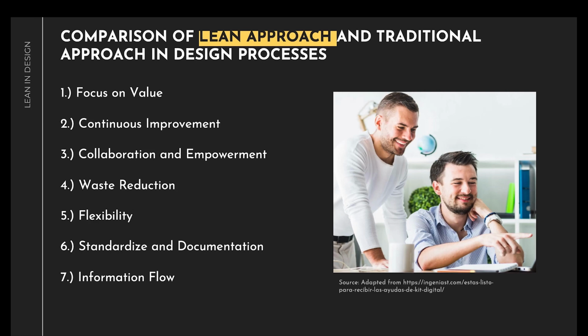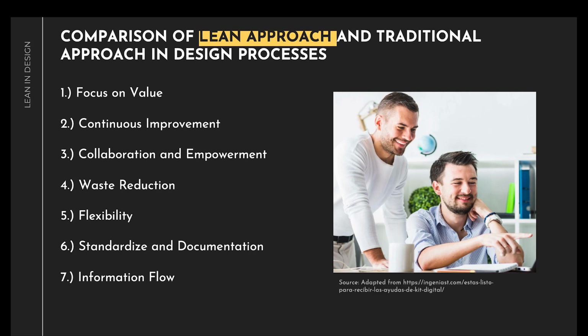Six is standardization and documentation. Lean design focuses on the importance of standardization to improve efficiency but does not overcomplicate documentation. The traditional approach can sometimes involve unnecessary documentation and standardization, which may slow down processes.